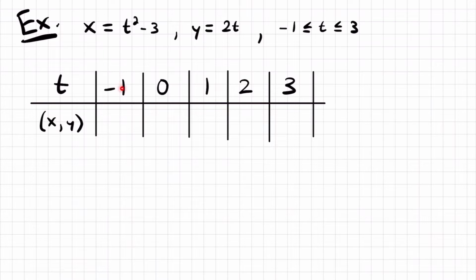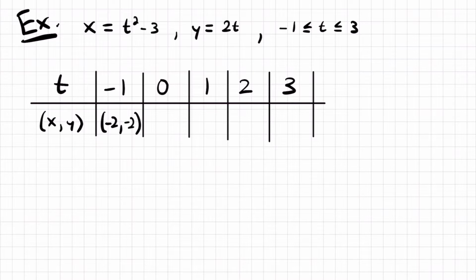So if we plug -1 in for t in this equation, we'll have -1 squared. -1 squared is 1. 1 minus 3 is -2. So our x-coordinate will be -2, and then the y-coordinate we will get by plugging -1 into this equation. And 2 times -1 is -2. So our first coordinate point is -2, -2.